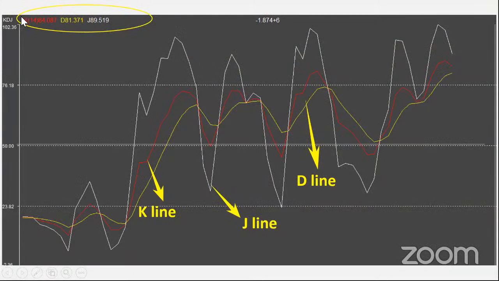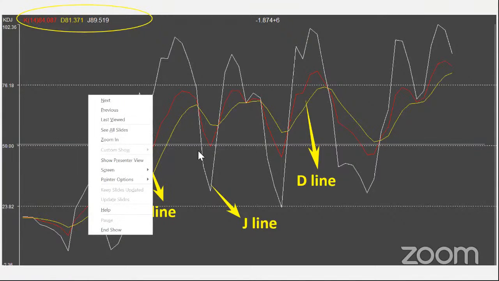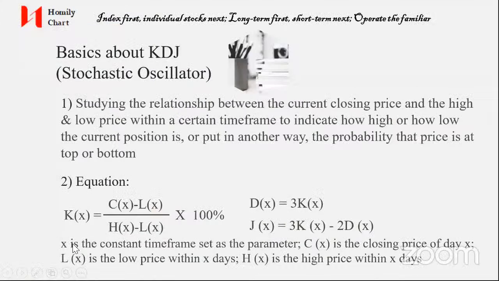So K here, the bracket tells you it's 14, which means X here is 14. Taking 14 as the parameter, as an example, X means 14.